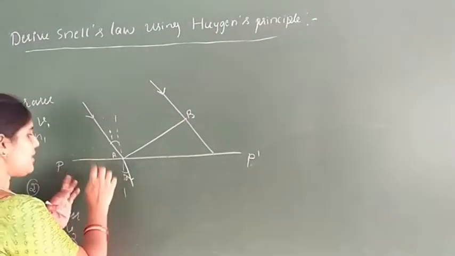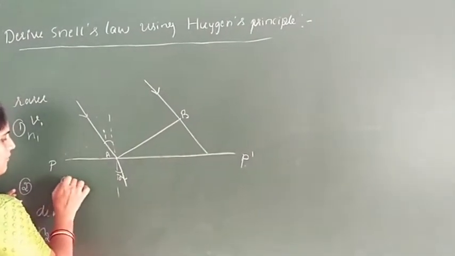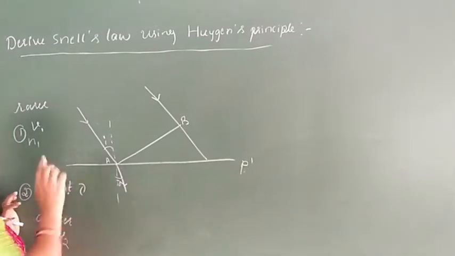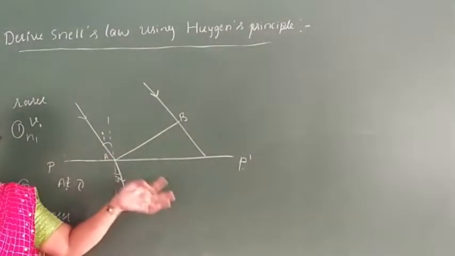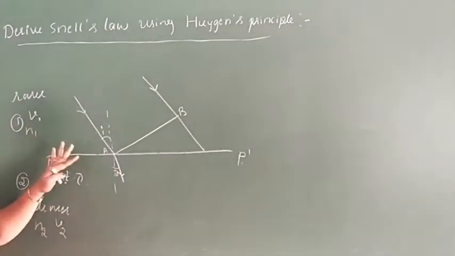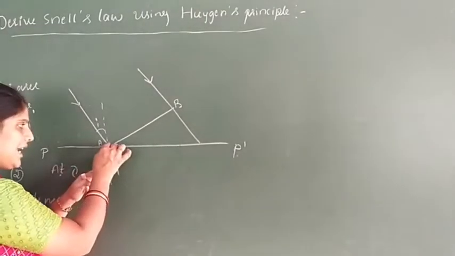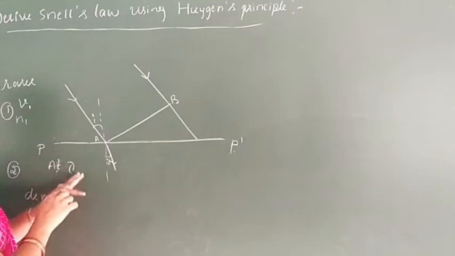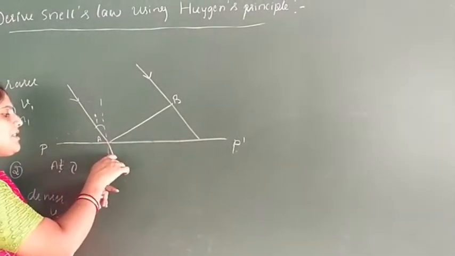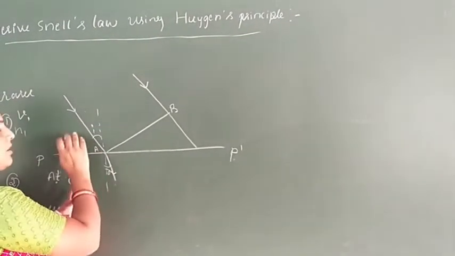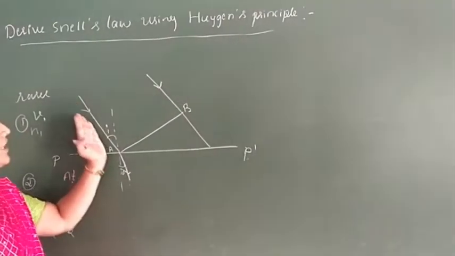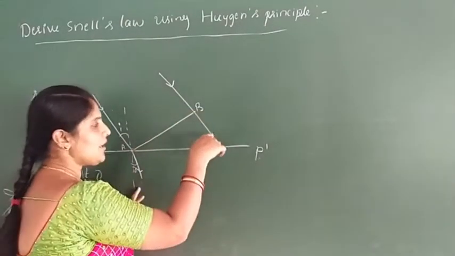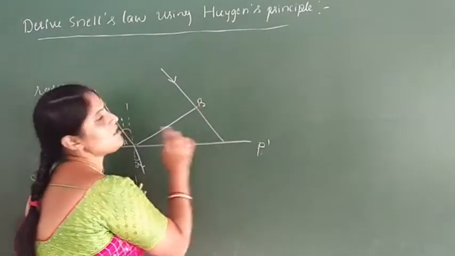After a certain interval of time, say tau, say 10 seconds or 5 seconds or 15 seconds, the left edge of the beam travels in the second medium, and the right edge of the beam still travels in the first medium.